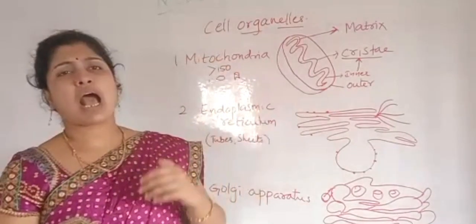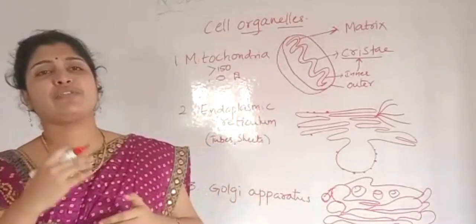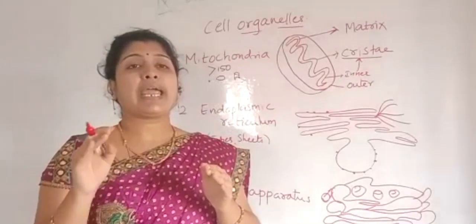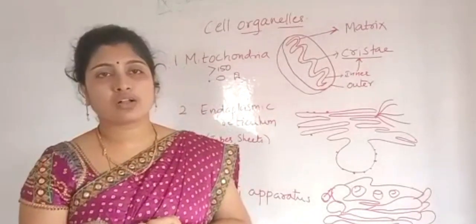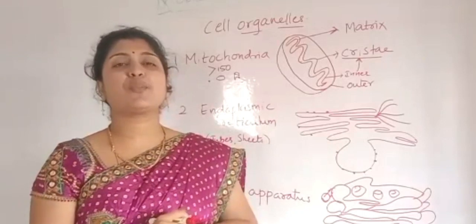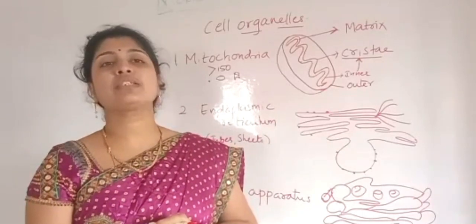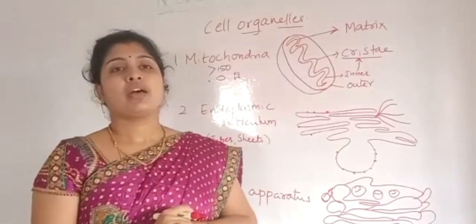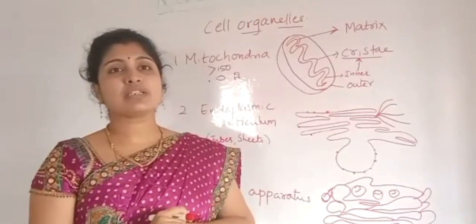You can observe mitochondria in many shapes, and it is 5 to 8 microns long and 0.5 microns in breadth, or wideness, we can say.